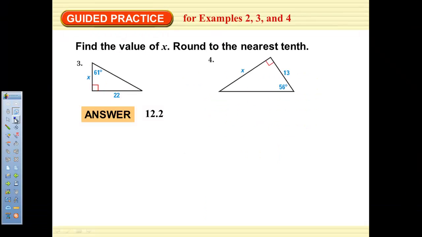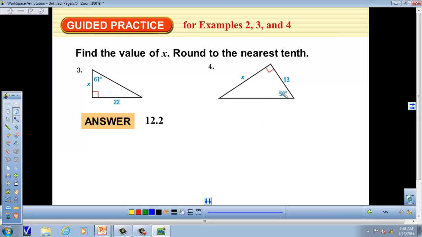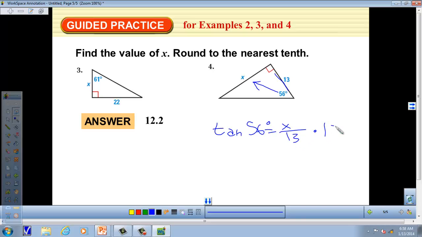Here's another one. Again, here's opposite. There's adjacent right there. So we would say tangent of 56 degrees is equal to, in this case, opposite is x, adjacent is 13. We multiply both sides by 13.